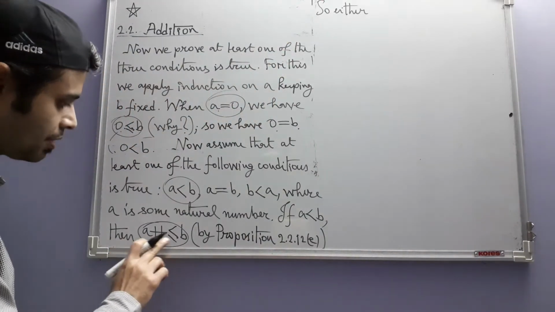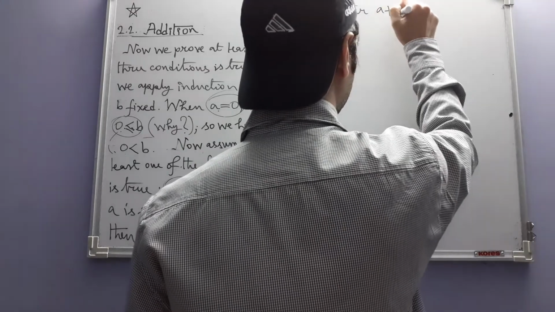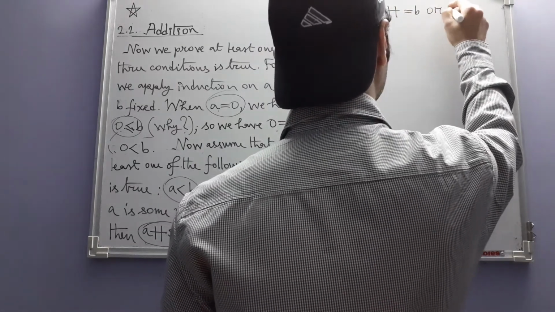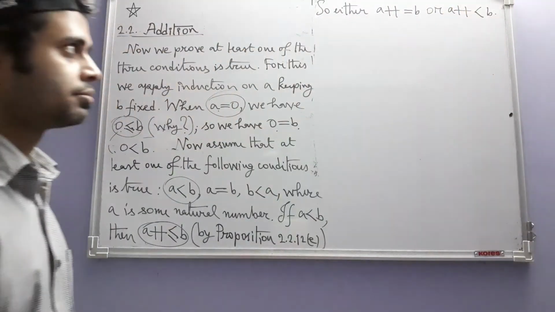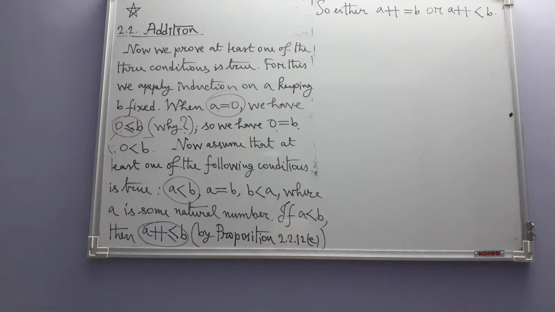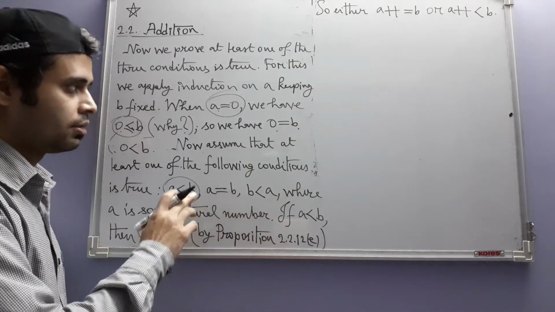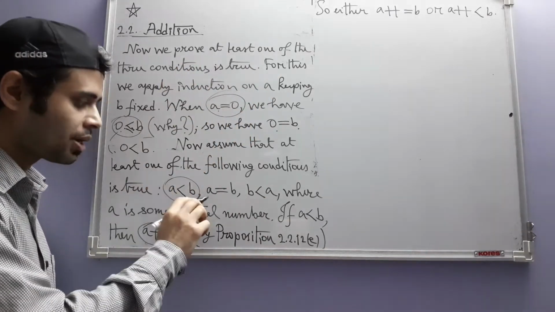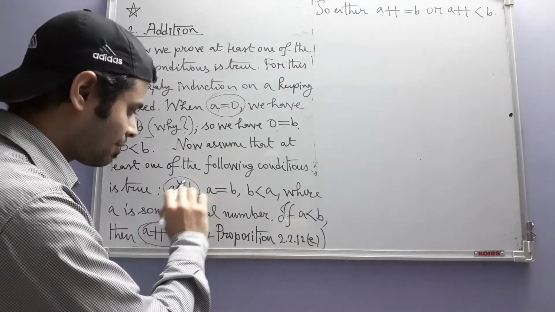Similarly here, a plus plus is less than or equal to b, so either a plus plus is equal to b or a plus plus is strictly less than b. So among these three conditions, I already have two when we have a plus plus in place of a.